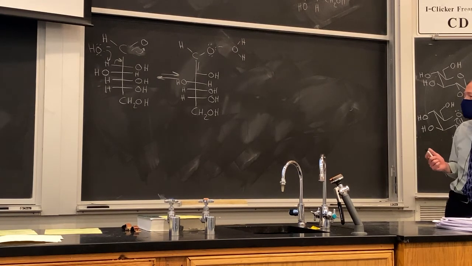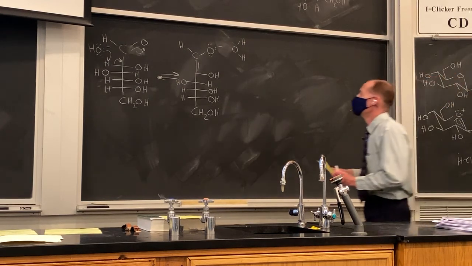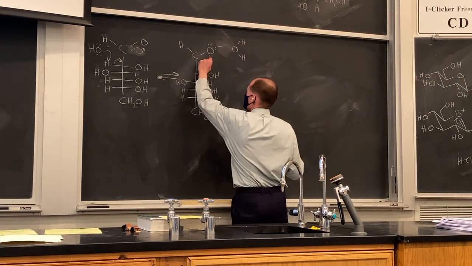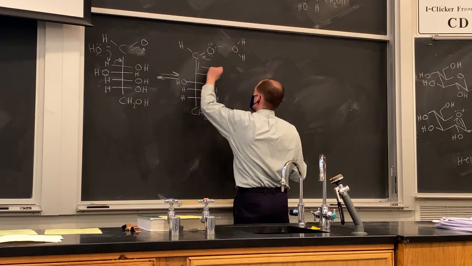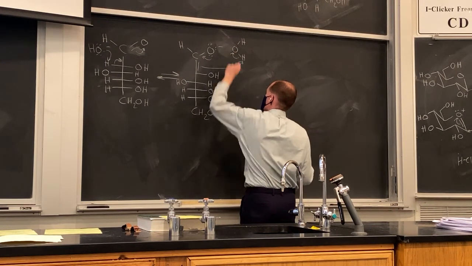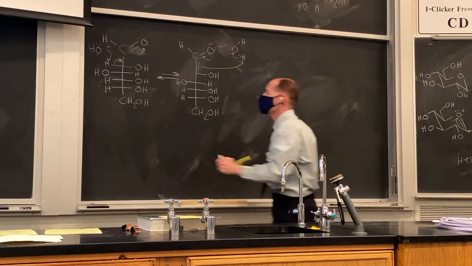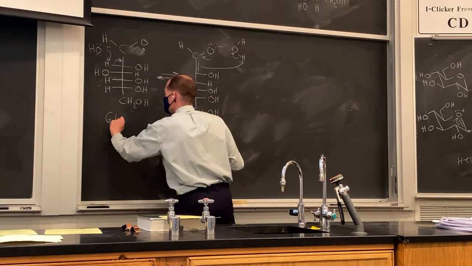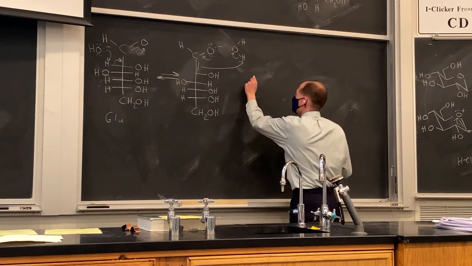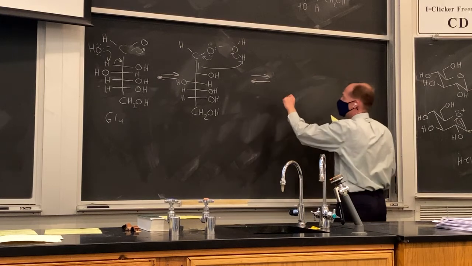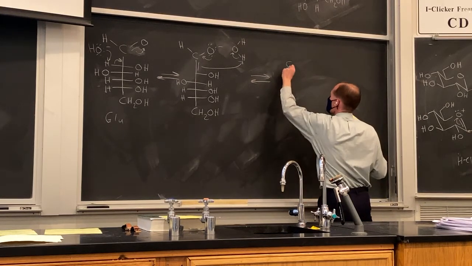Is it going to protonate from the top or the bottom? Both, right? It's planar here, so we can protonate from the top or the bottom. If you protonate from one of those two faces, I don't actually know which one, but one of those two faces would give you back the glucose that you started with, okay? But if you protonate from the opposite face, you're not going to get glucose.